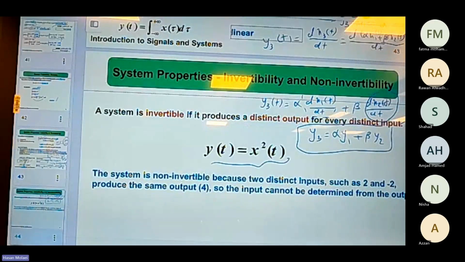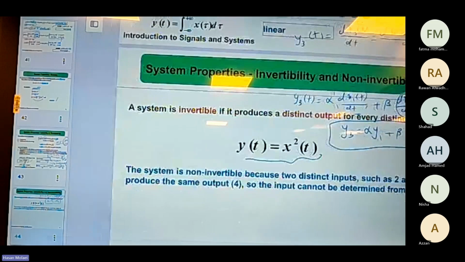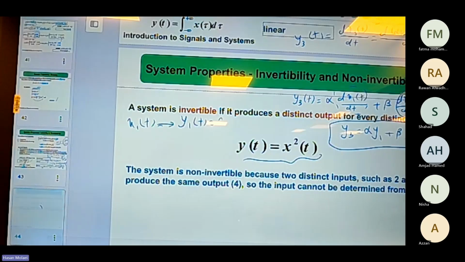How about this one? Is it linear or non-linear? Let's check. If you want to check, apply x1, and the output would be x1 squared. Apply x2, and the output would be x2 squared.